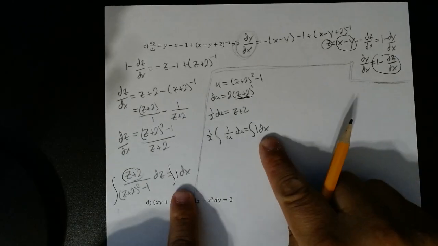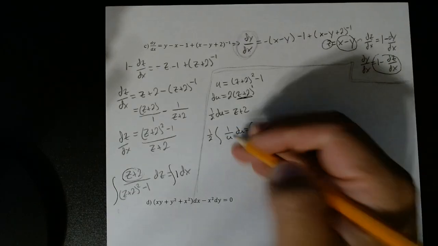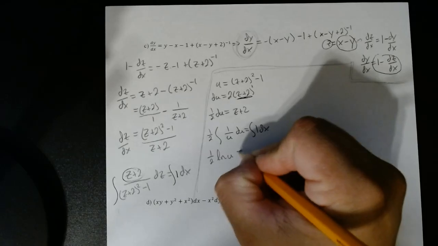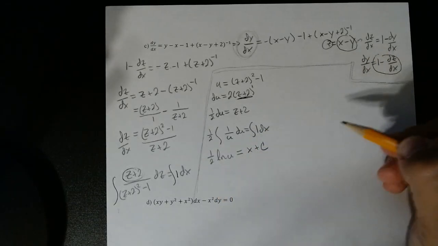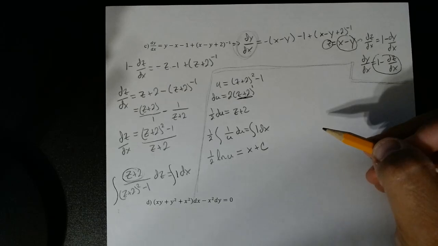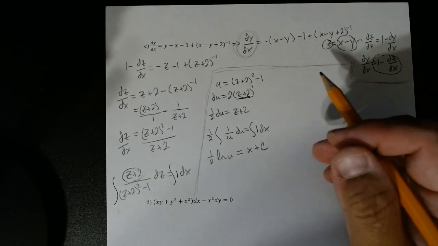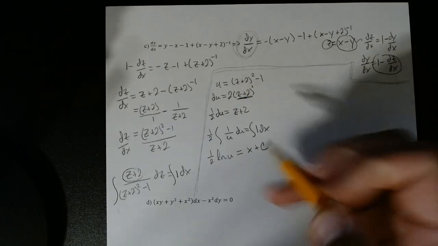And then, this is kind of nice to do. All right, so this is just ln. This is just x on this side. And then, remember, the whole point is actually to solve for this back situation, right? So we will rewrite everything in terms of u.